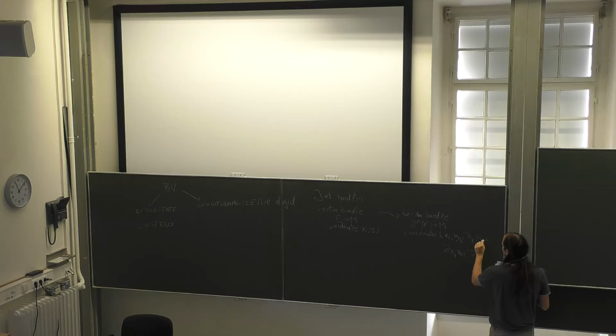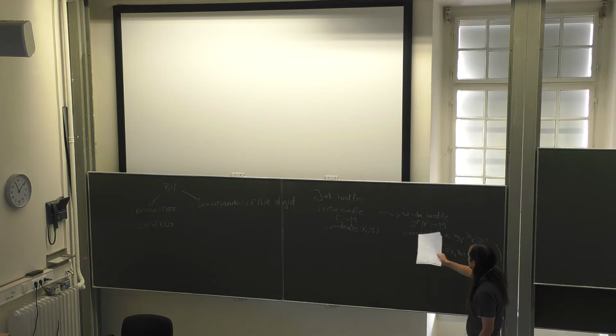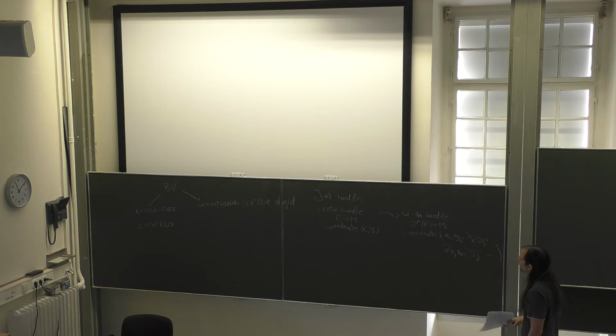And so on. So how do you think of this? You think of this as a kind of formal inverse limit of finite jet bundles, where you cut the coordinates after too many partial derivatives.